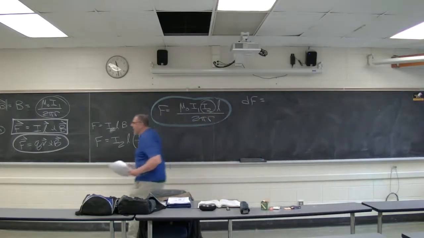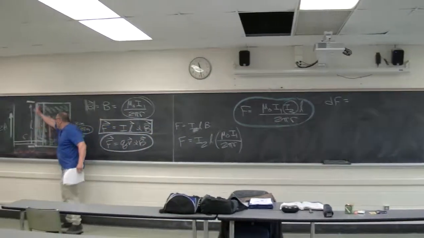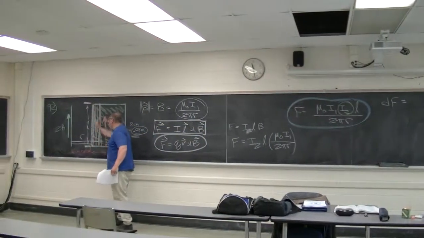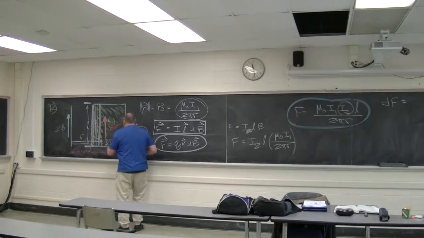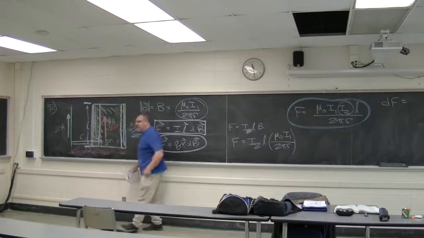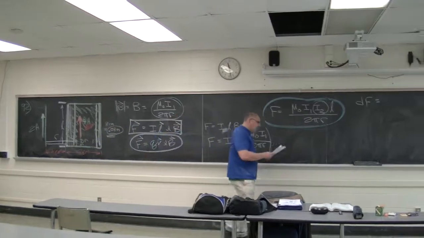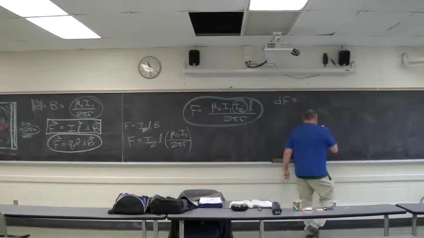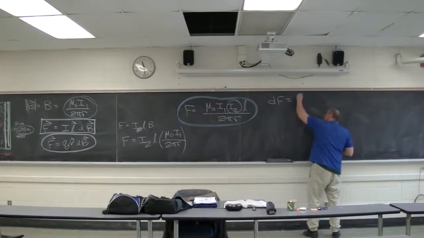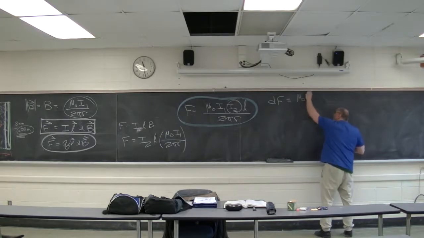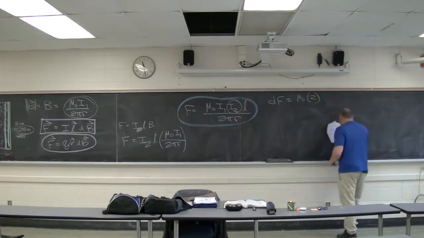Each one of these guys, there's a force here, there's a force there, a force here, there's a force down here. I get it, a force here too. They're all different. There's the beauty of calculus. Well, mu zero, the 2 amp guy ain't an issue. The 2 amp guy is not an issue.